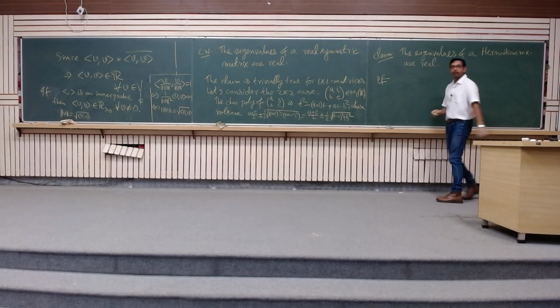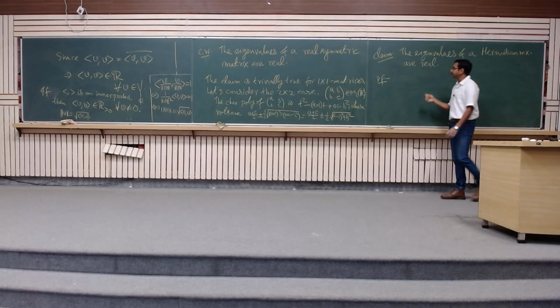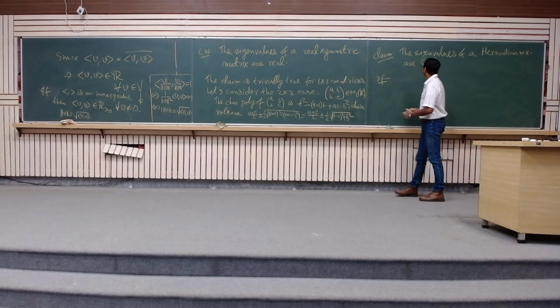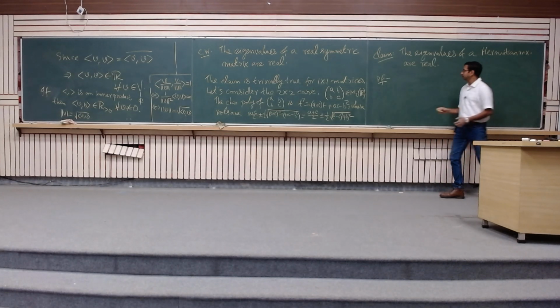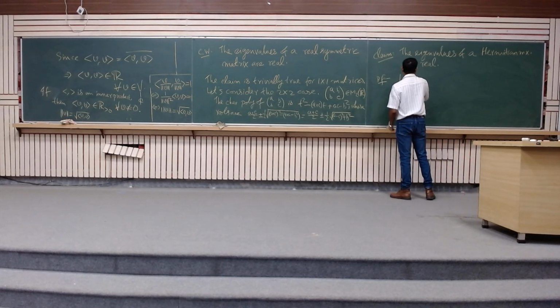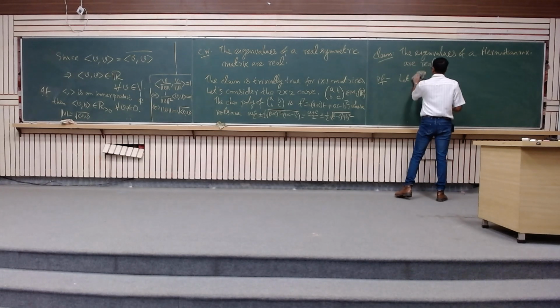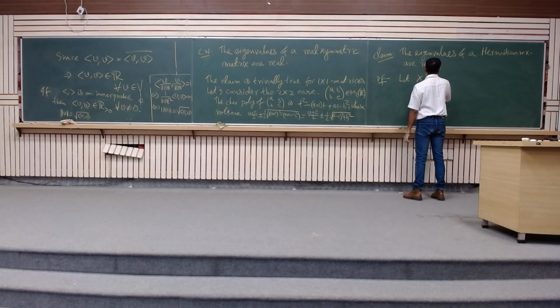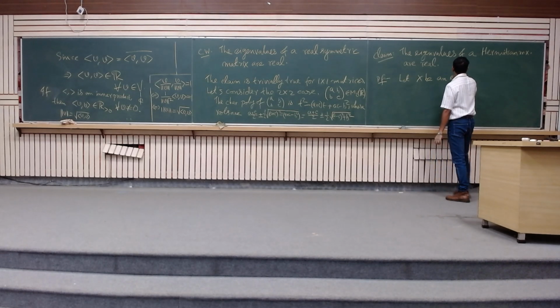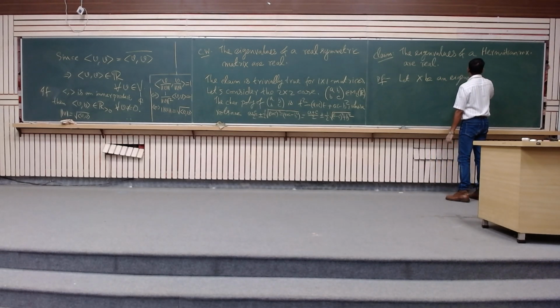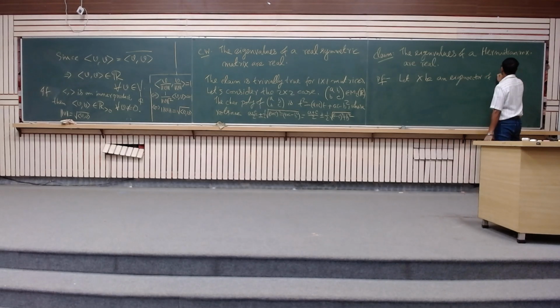So, here is the proof. Suppose we start with some eigenvector of a Hermitian matrix. Let x be an eigenvector of a Hermitian matrix A. In particular, what does Hermitian mean?